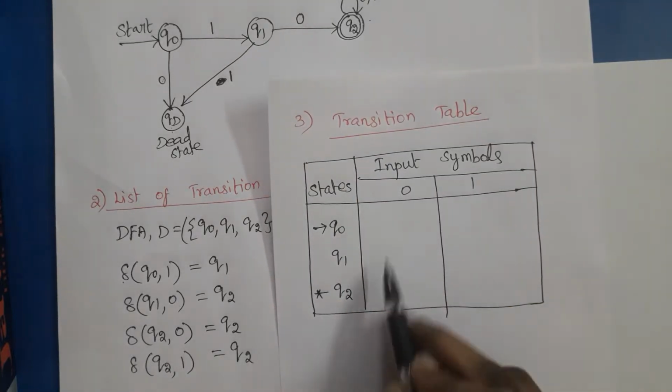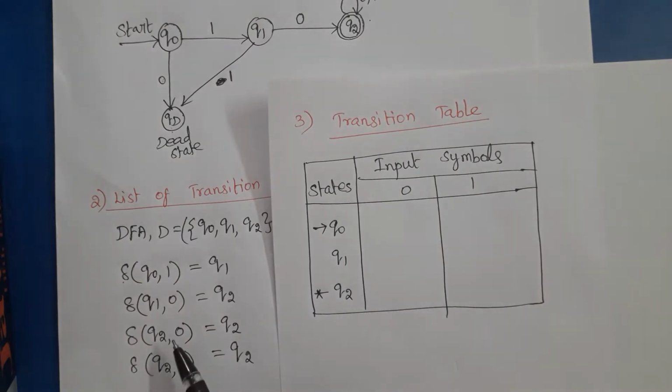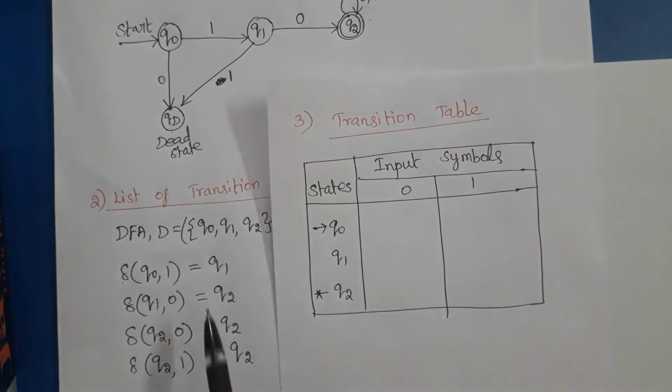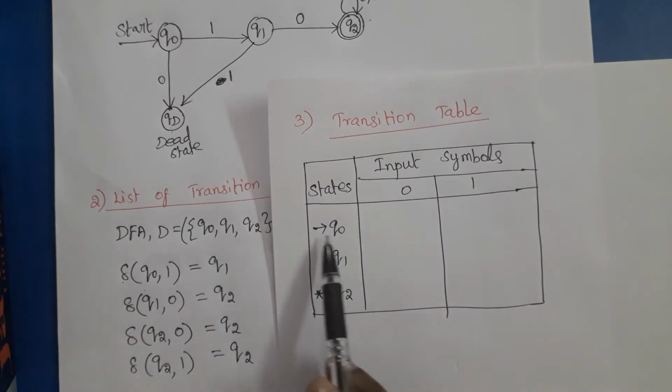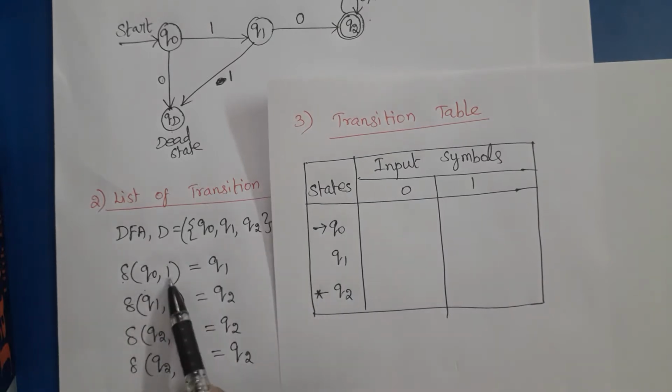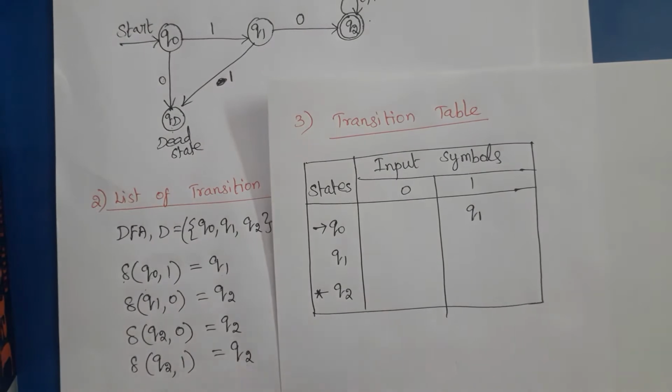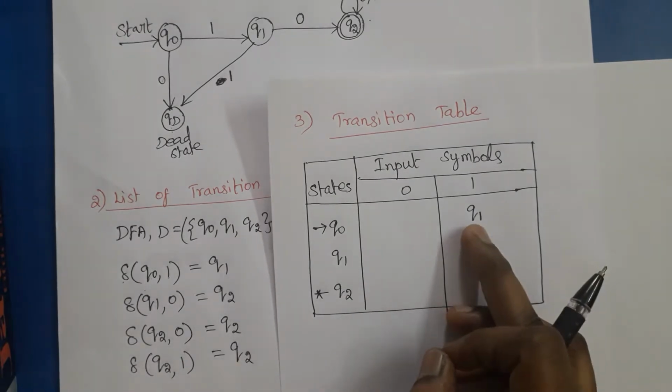Then we need to fill all the transitions here. We can refer to the transition diagram or the list of transition functions. So Q0 comma 1 is Q1, which means for the row Q0 and the column 1, the next state Q1 should be listed here.